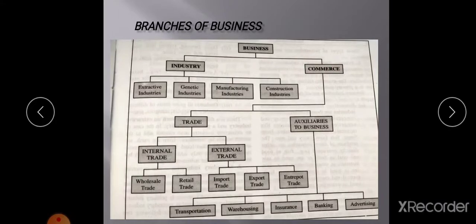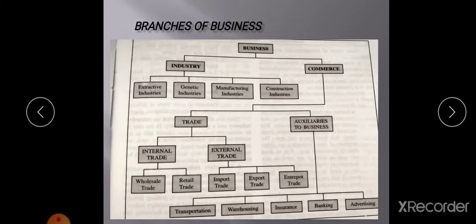This chart is there in your textbook. I will tell the page number also. It will come in page number 5. Yes. Open page number 5 and check out the chart. Industry and commerce.